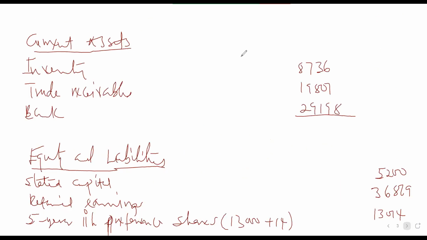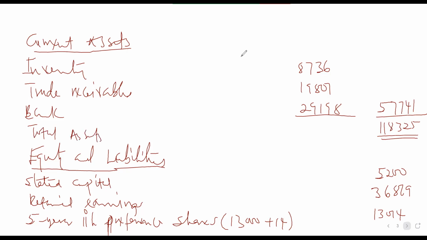So let's add that one to our current assets, which will be 57,741. What will be the total assets? I'm getting 118,325. So this is our total assets.